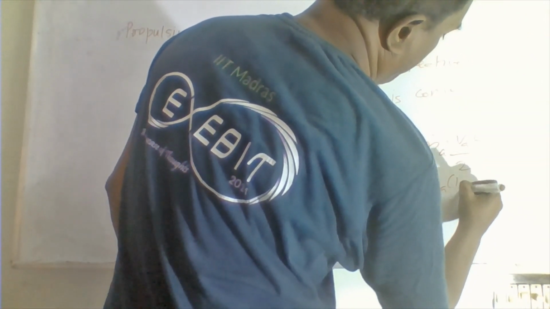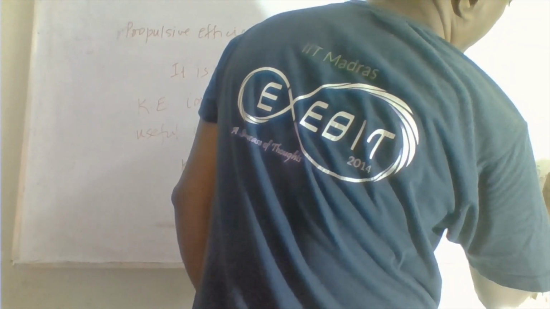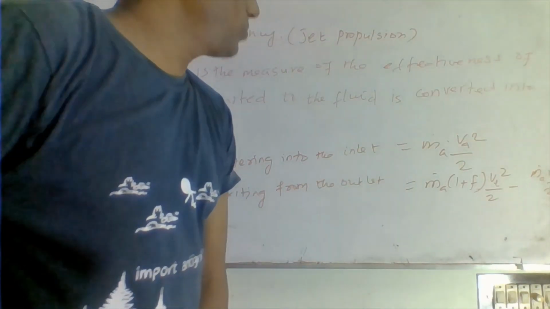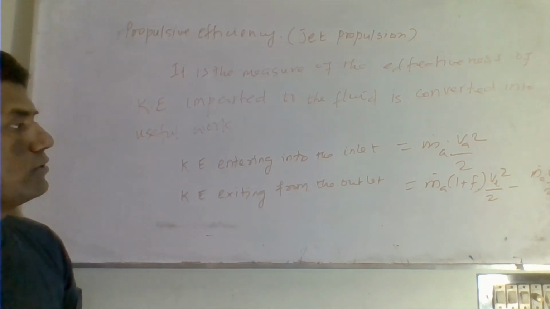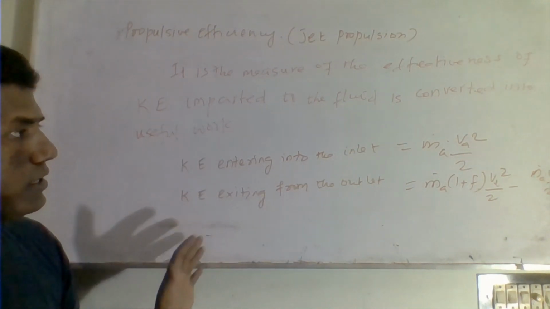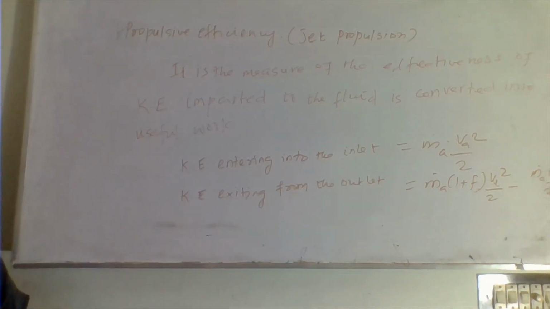So we say m dot a into (1 plus f) V squared by 2, minus m dot a Va squared by 2. So this is what we have for the kinetic energy exiting from the outlet. Now we have both the kinetic energies, and if you take the difference of these two, we will be getting the propulsive power.